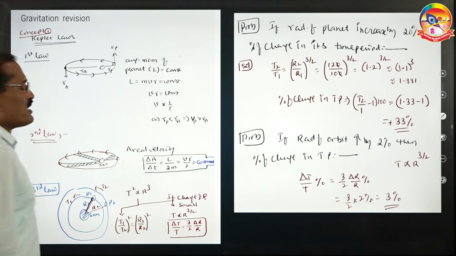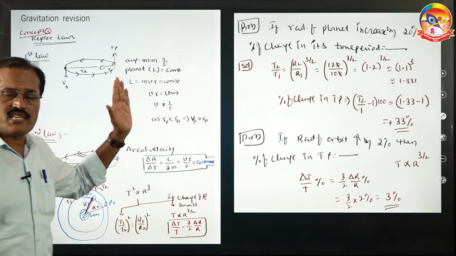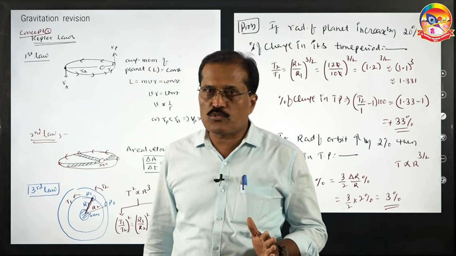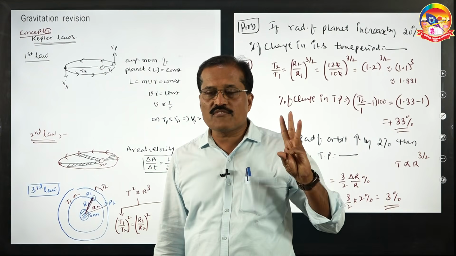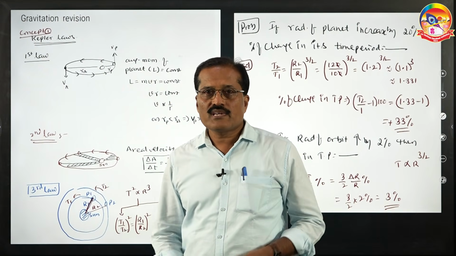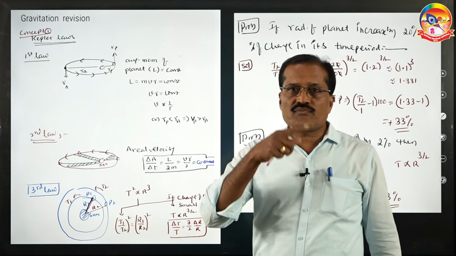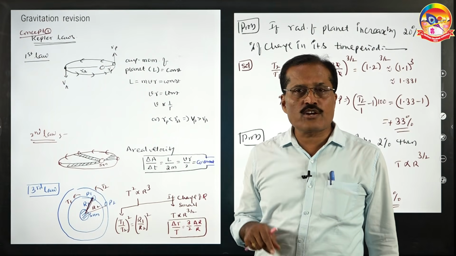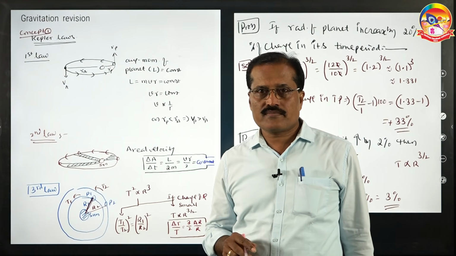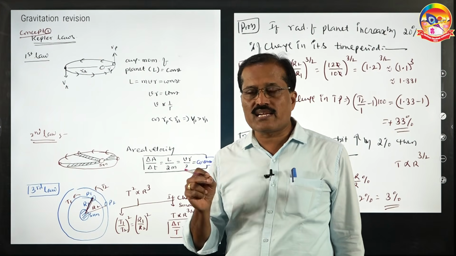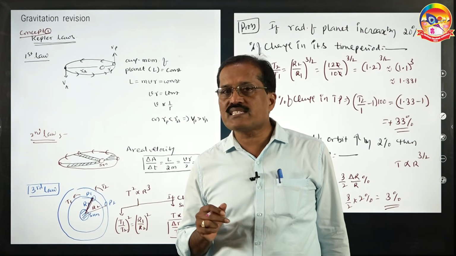In gravitation, the first segment is Kepler laws of planetary motion, where there are 3 laws. According to the first law, all the planets revolve around the sun in an elliptical orbit. The angular momentum of that planet remains constant.